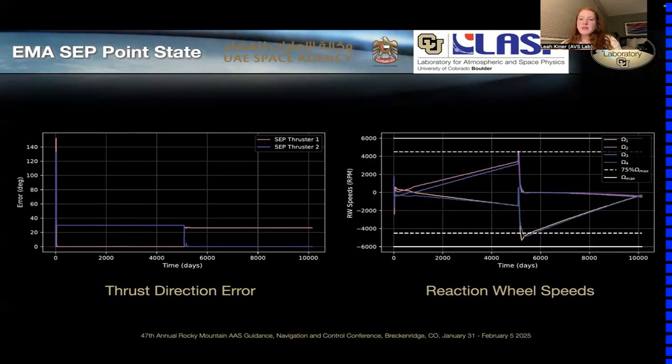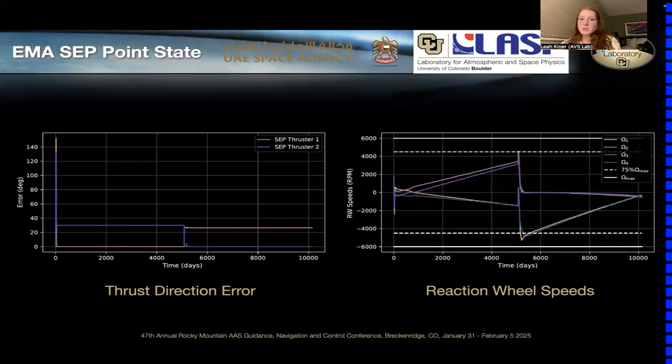And we can see in the reaction wheel speed plot on the right-hand side that the reaction wheels do not saturate after the initial slew to the requested attitude. The reaction wheels start to speed up due to the swirl torque of the SEP thruster.